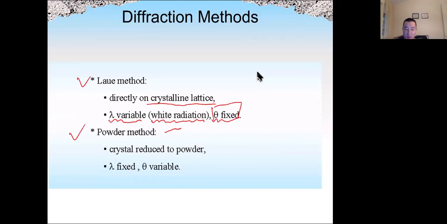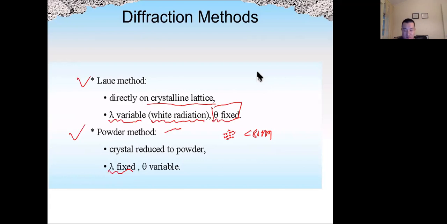For the powder method, we first grind the sample into fine powder form, typically less than 80 micrometers. So the crystal is reduced to powder, and then lambda is fixed.